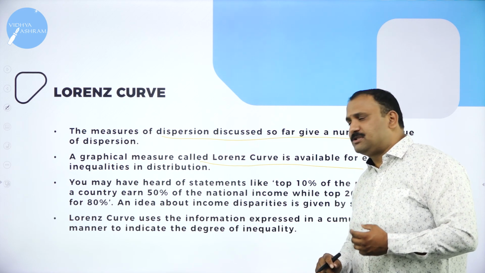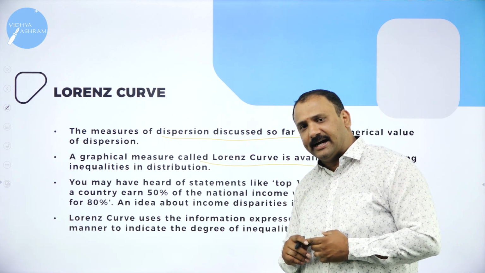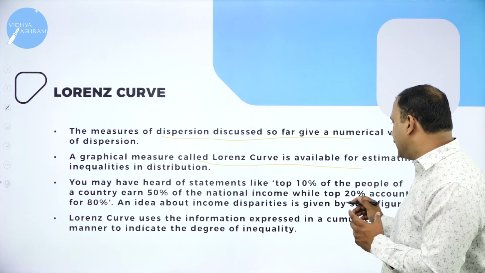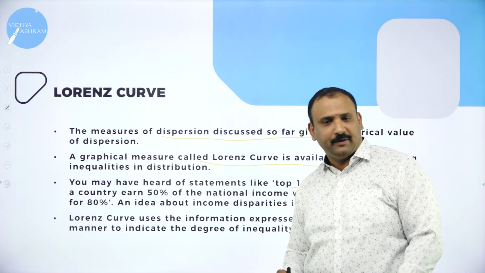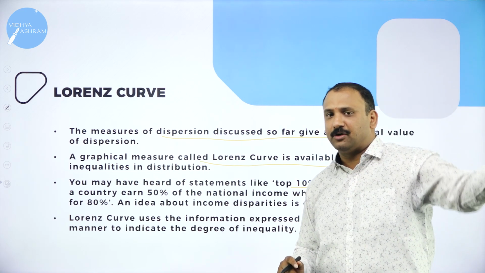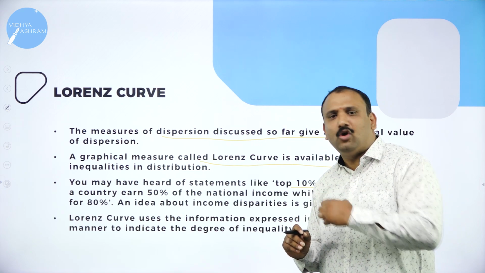Now, many times whenever we talk about economic data, you will get statements like: the top 10% of the people earn more than 50%. Top 20% of the people have 80% of a country's wealth. How do those statements come up, and what is the meaning of those statements?